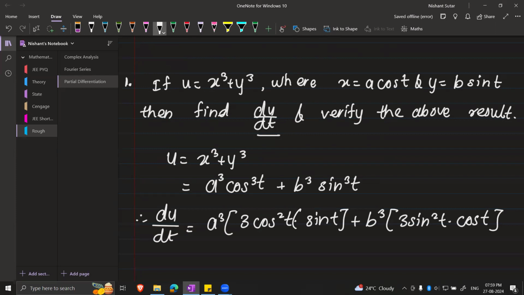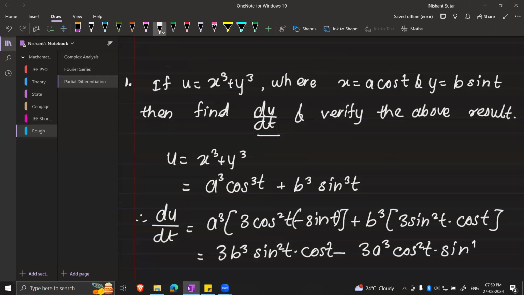Well, differentiation of cos is minus sin, so this minus 1. So this is 3 b cube sin square t into cos t minus 3a cube cos square t into sin t.